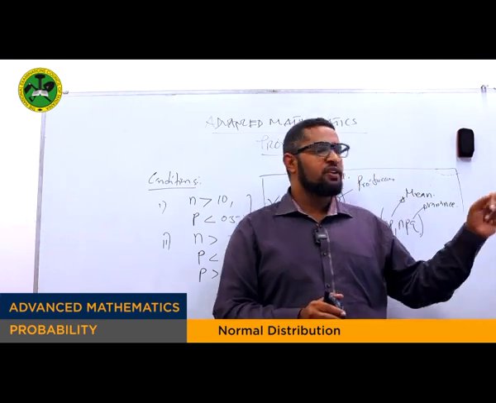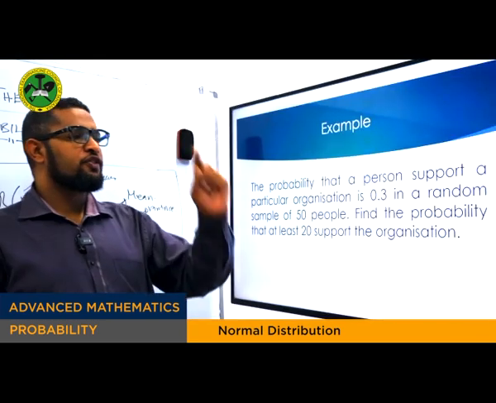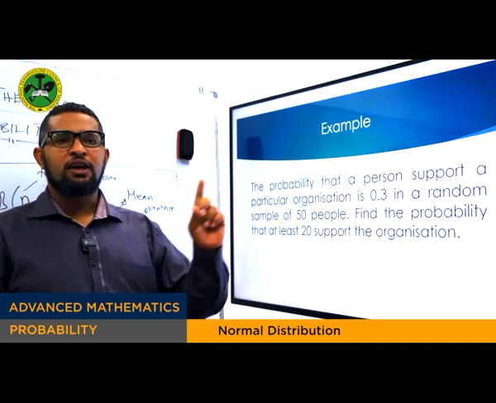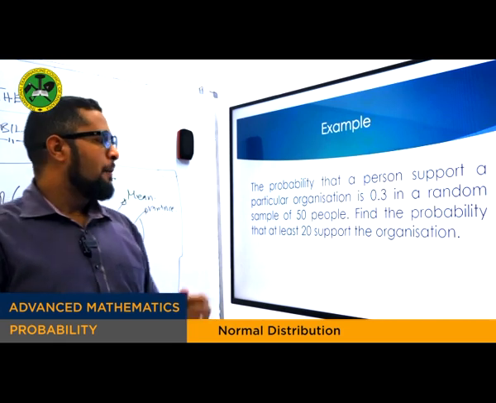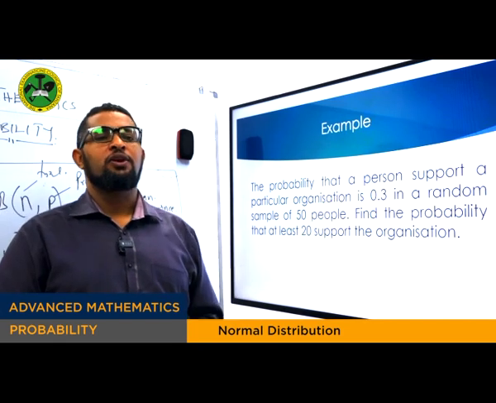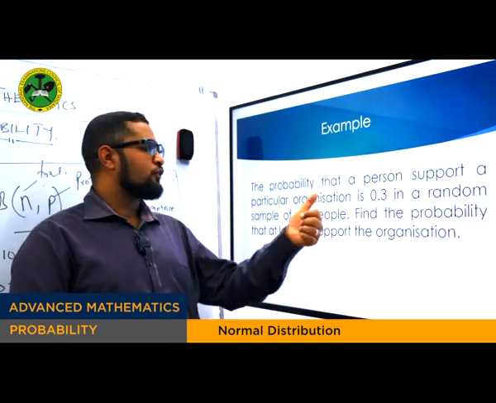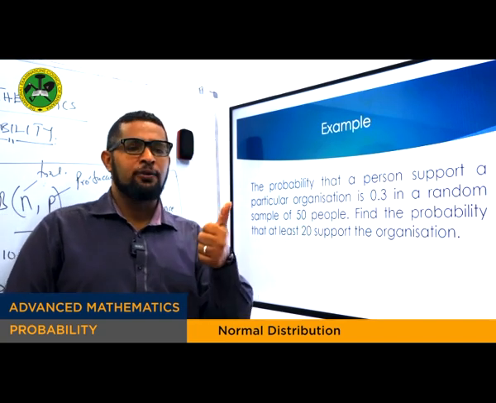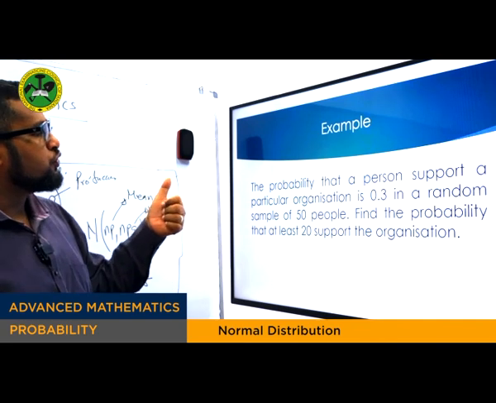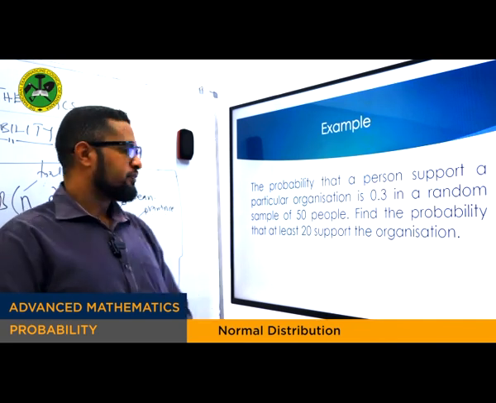Now, what do we have here? We have number of trials as 50. How about probability? My probability of success is 0.3. Okay. Now, this question is under binomial probability approximation to normal distribution.